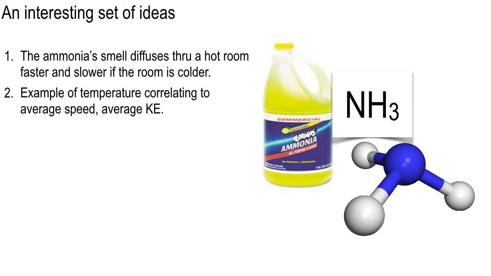And this is an example of the average kinetic energy being correlated to temperature. When you release those ammonia molecules, they're going to equilibrate with the room temperature. Therefore, they're going to have a certain average kinetic energy. That means that on average, if you have a lower temperature, you have a lower kinetic energy, and they won't get across the room as fast as if the temperature is hot.